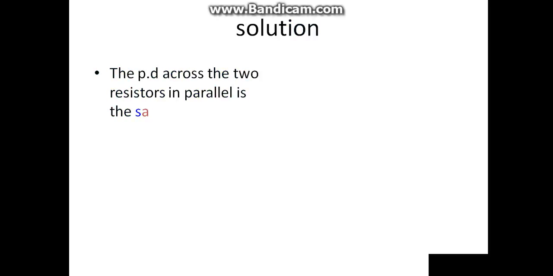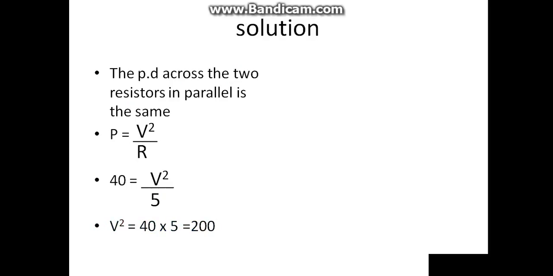Solution. The potential difference across the two resistors in parallel is the same. Power P is equal to V squared over R. 40 is equal to V squared over 5. Making V squared the subject of the formula, we have V squared equals 40 times 5, which will give us 200.